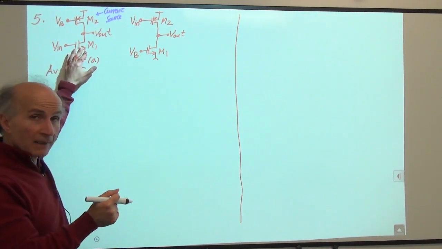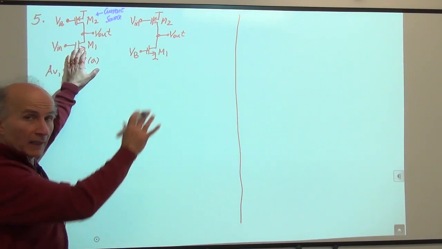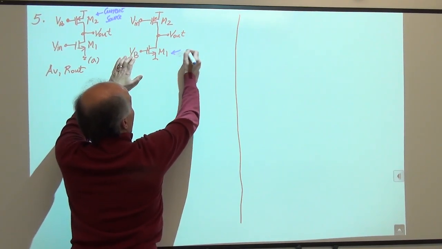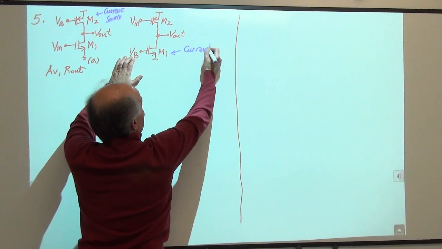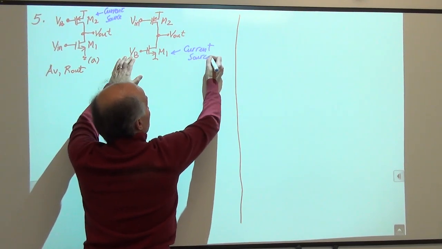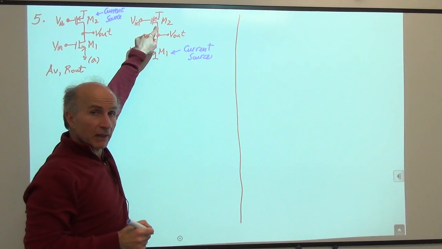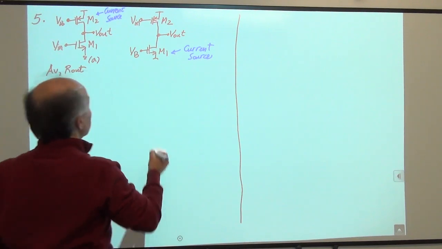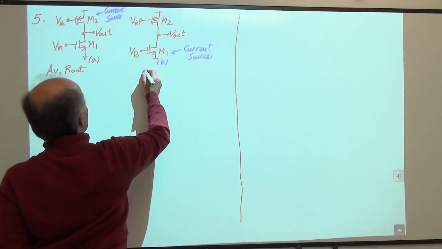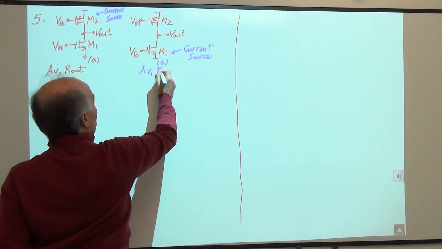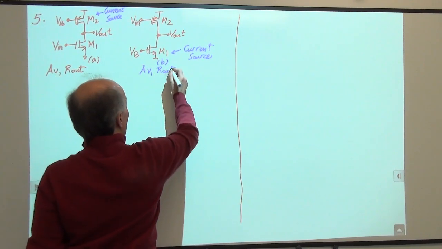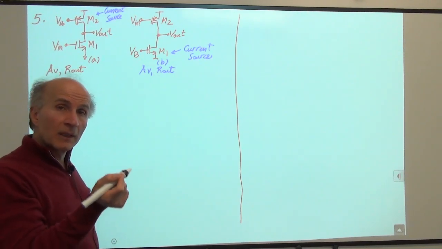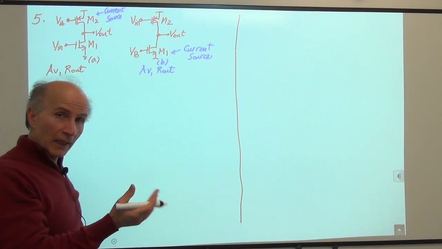And this device is acting as an amplifying device. By the way, we're assuming that all these devices are in saturation. Whereas in this case, M1 is acting as a nominally constant current source, and M2 is acting as an amplifying device because the signal goes to its gate and comes out of its drain. So again, for part B, we want to find Av and Rout. Assume all transistors are in saturation. And of course, in this case, we cannot assume that channel length modulation is neglected, as you will see.